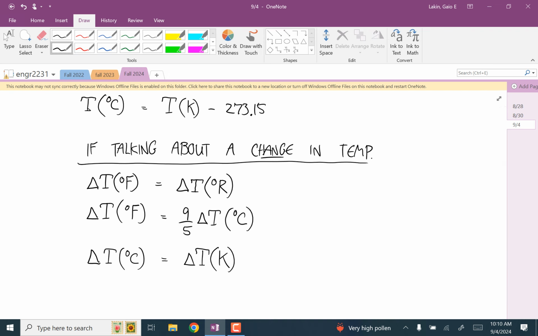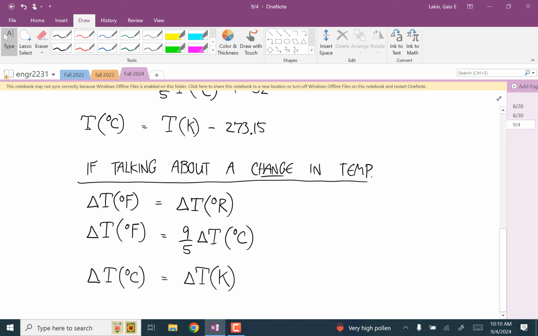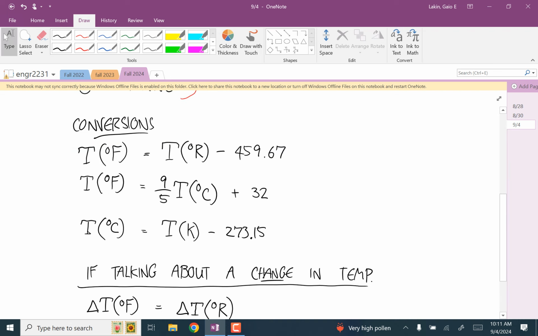Mostly, the only way you're going to use this is to convert to Kelvin. Some temperatures will be given to you in Fahrenheit, and you'll have to go to Kelvin. But just remember to ask yourself: am I talking about a change in temperature, or am I talking about an actual temperature? And you can see mathematically how it works.